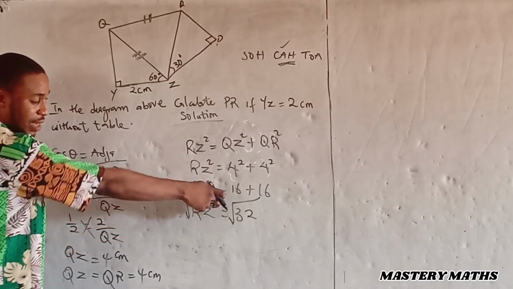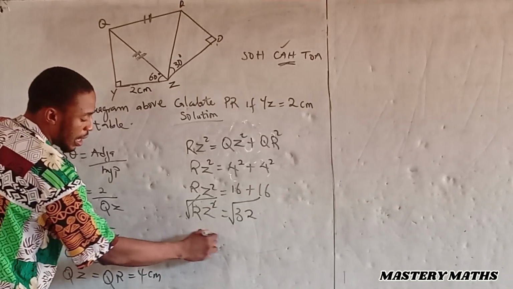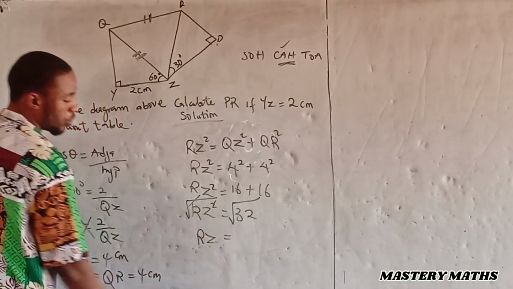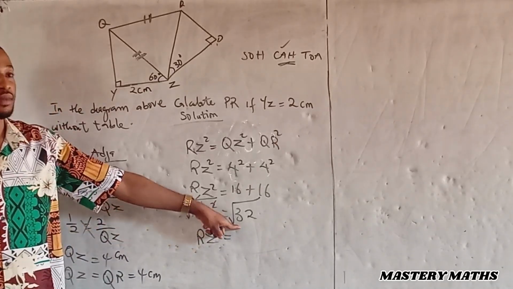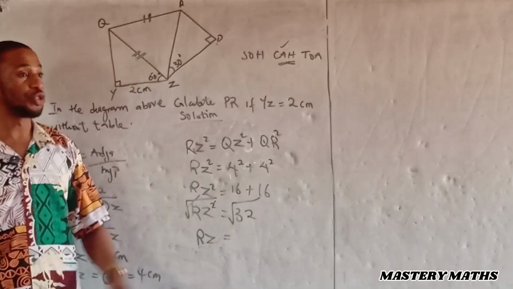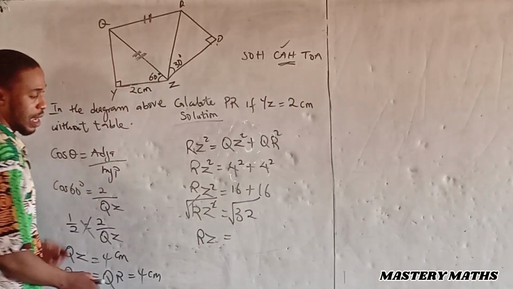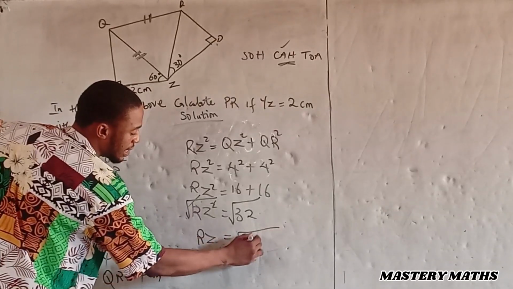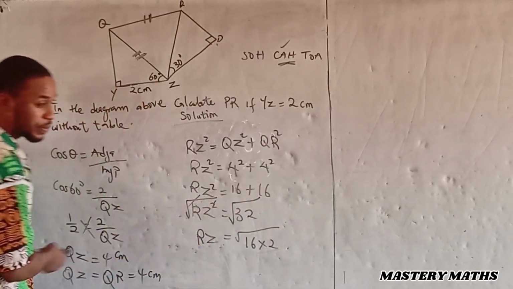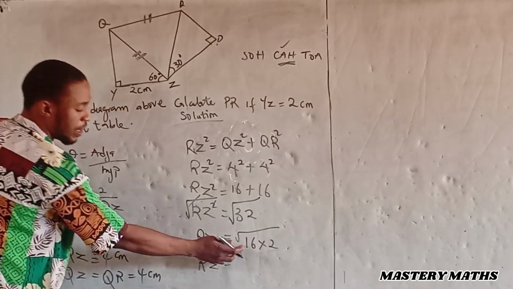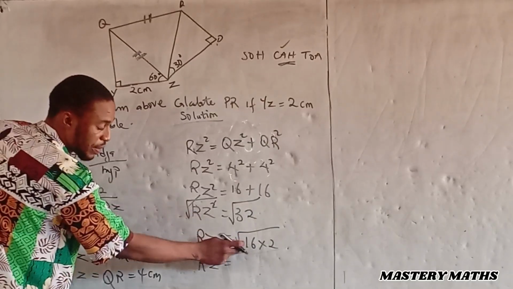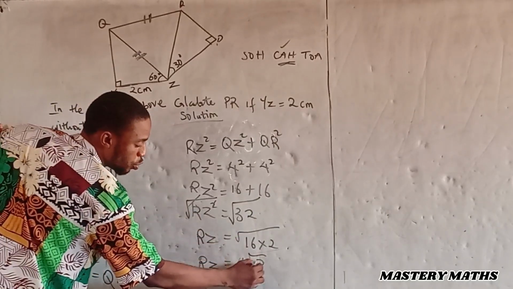So RZ is equal to, now we're going to split this 32 into two factors. And what are the two factors? It will be 16 times 2. So our RZ now will be the square root of 16, which is 4, times root 2.